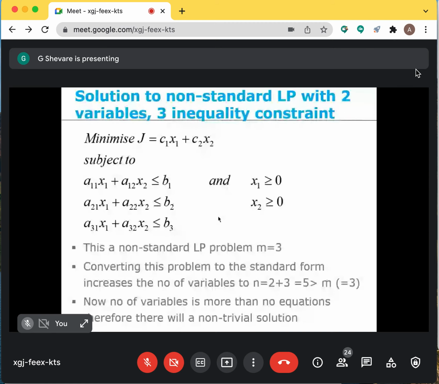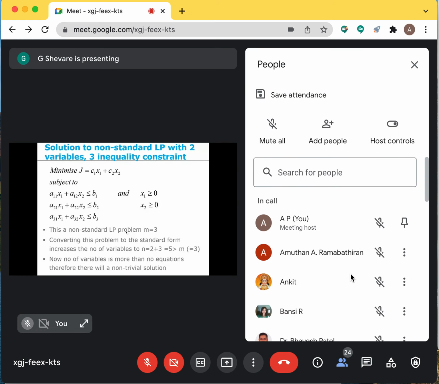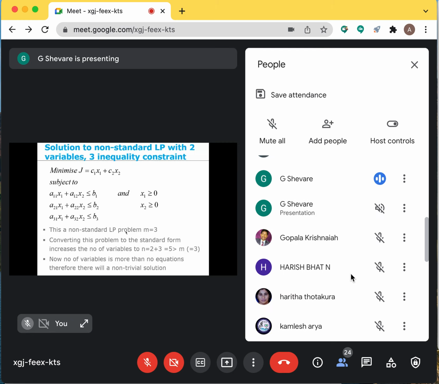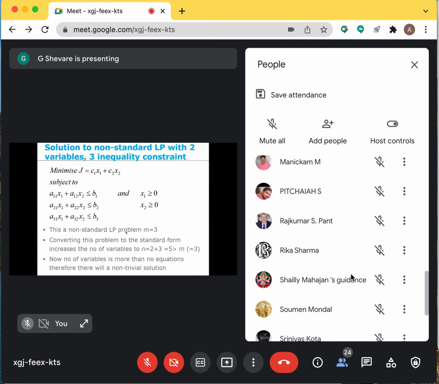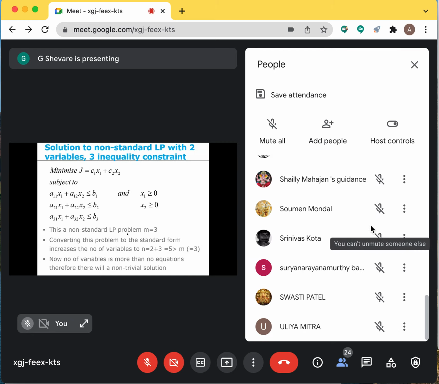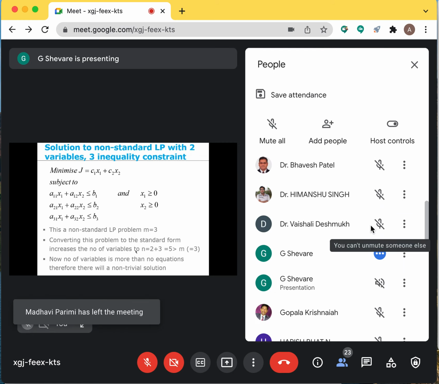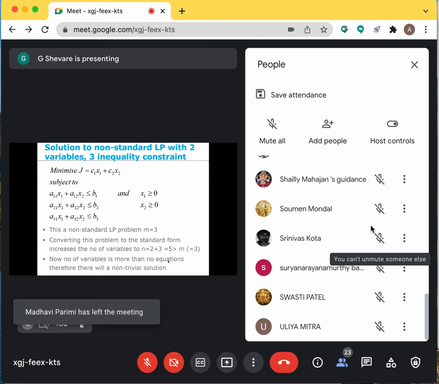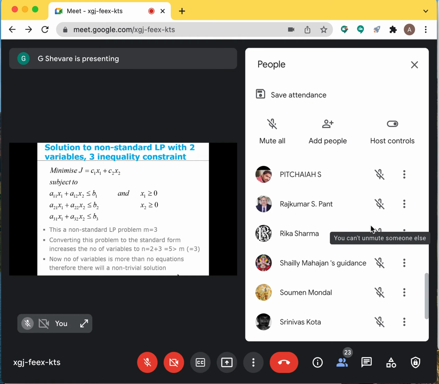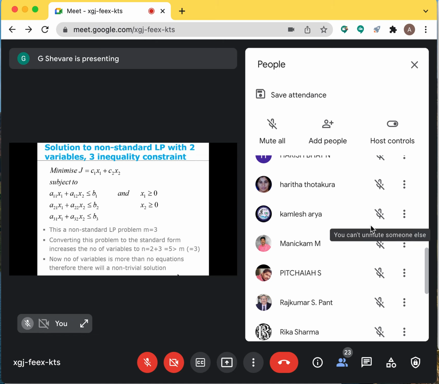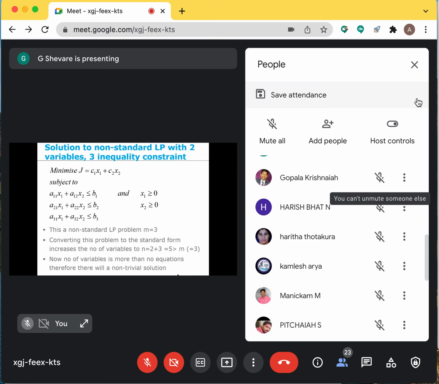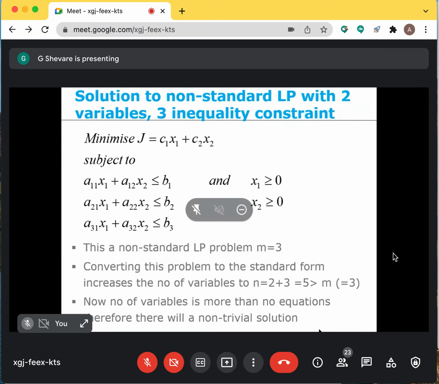So if you do that, the number of variables will go up by 3. So I will have not only x1 and x2, but I will also have x3, x4 and x5. The number of variables now is going to be 3 plus 2, that is 5.